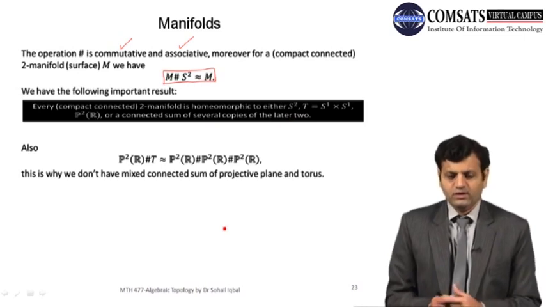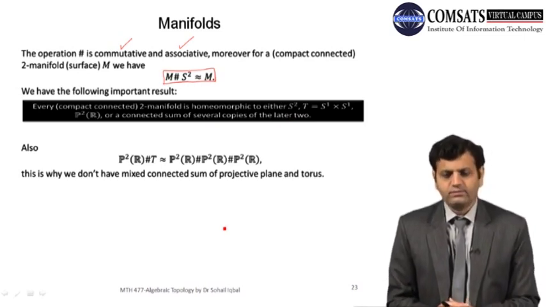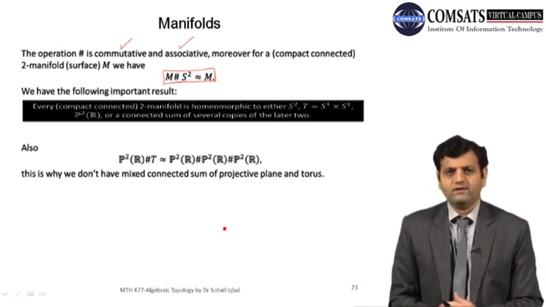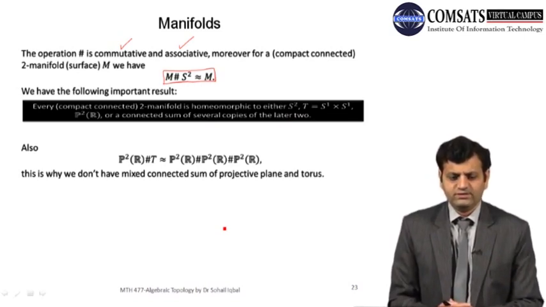So now we have an extremely important result about manifolds. Of course this technical condition of compact connected is there. So every two-manifold is homeomorphic to a connected sum of tori or real projective planes.